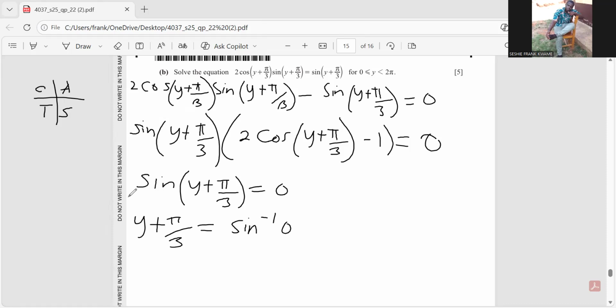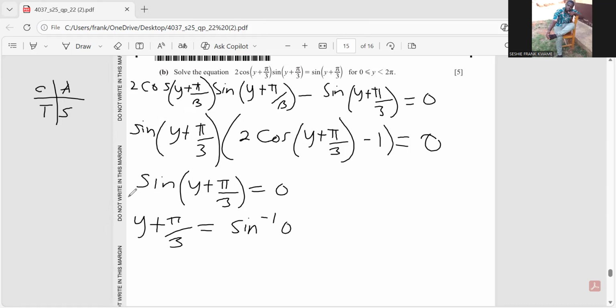So in that case, all we can say is that sine y plus pi/3 should either be 0 or n pi. So if it's 0, pi/3 will be negative. So we can't use that.